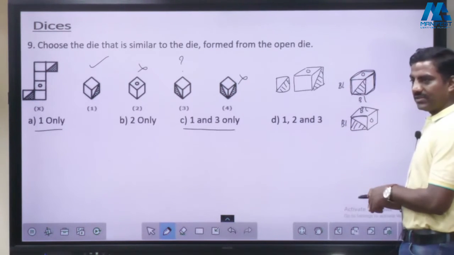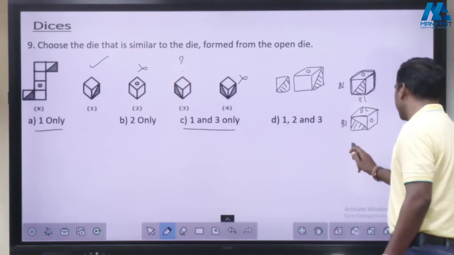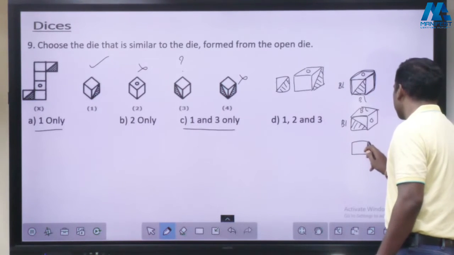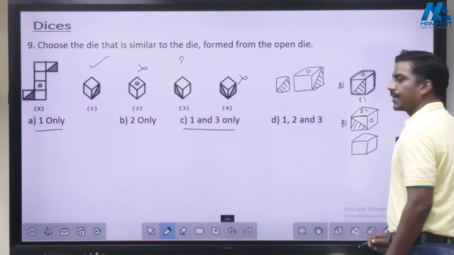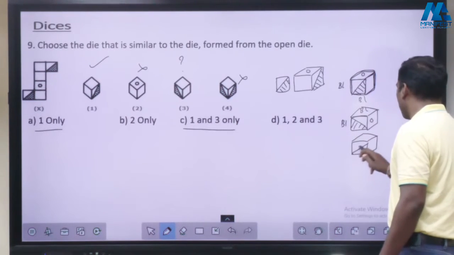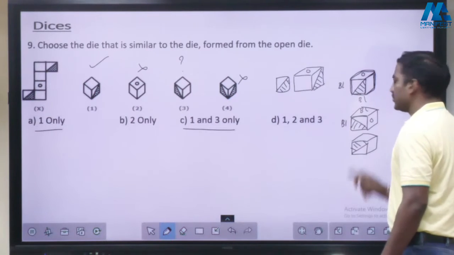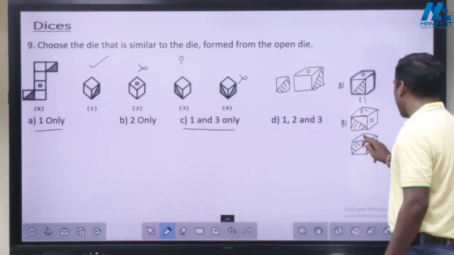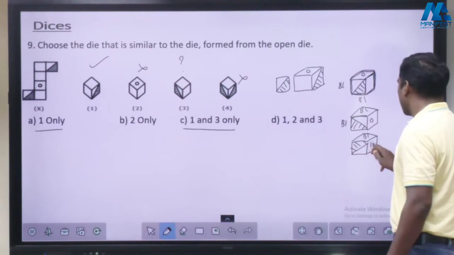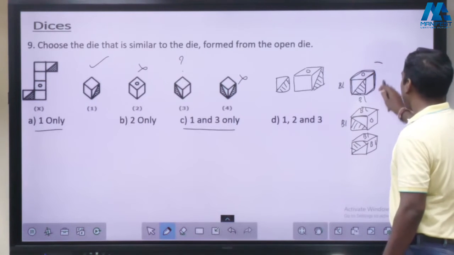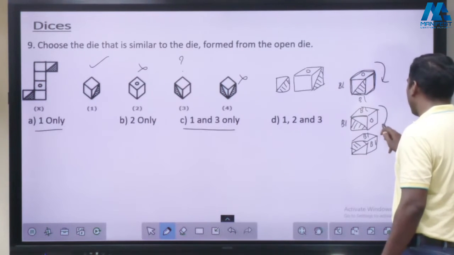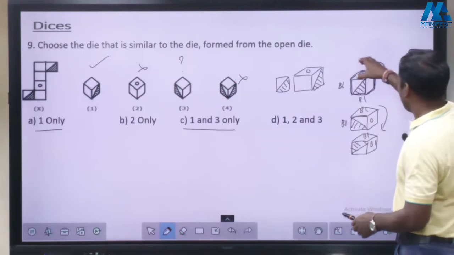Again topple like this. What will we get? It will go like this. And here blank will come. So what I have done? I have rotated like this. Again I have rotated like this.